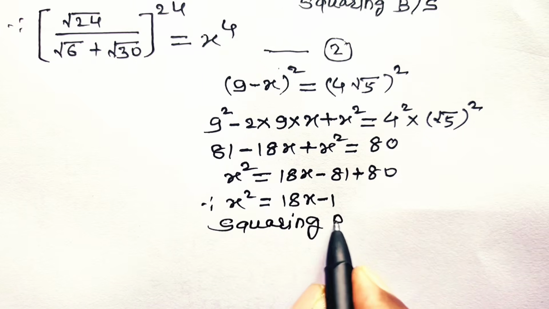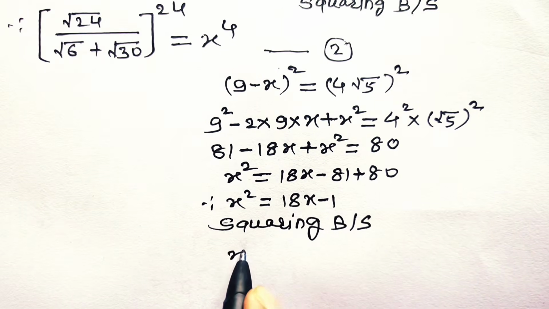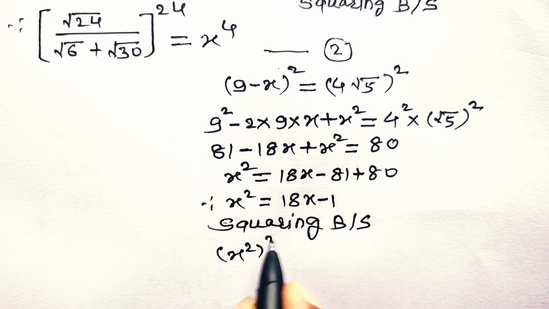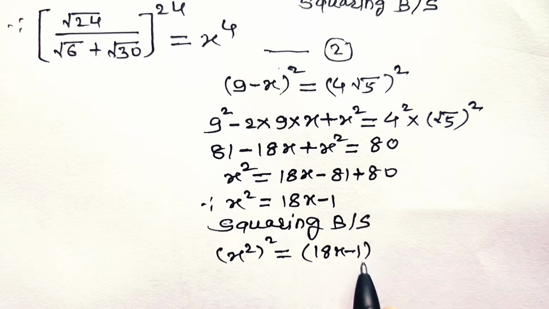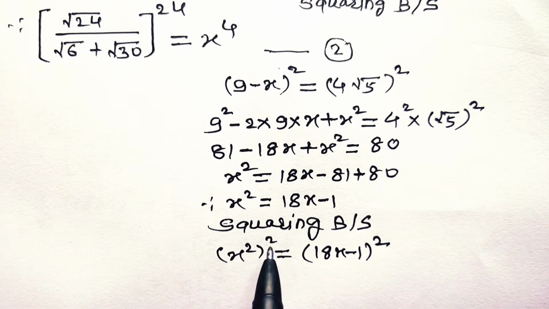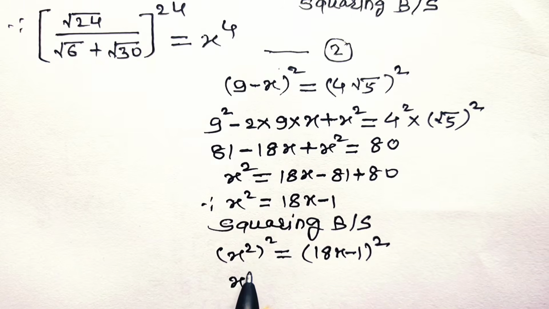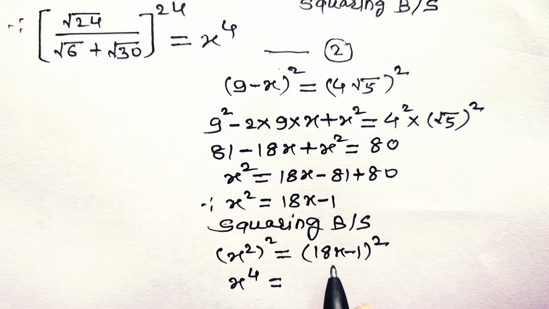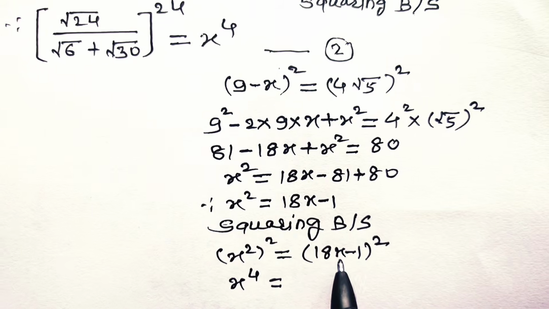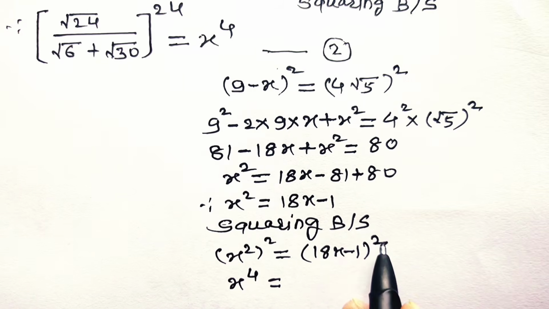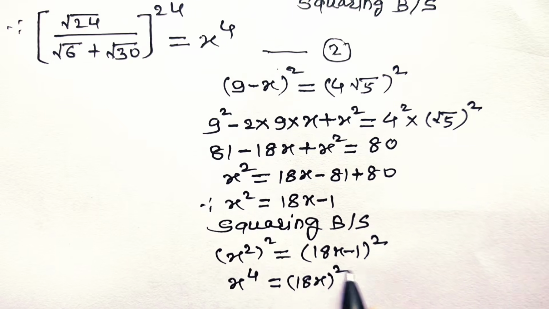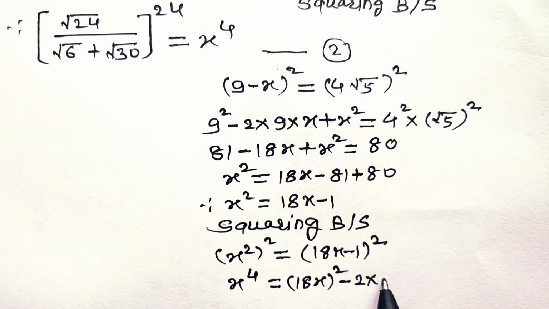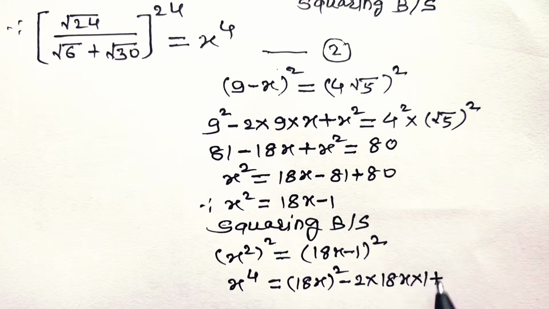Squaring both sides. Square of left hand side, x square square, is equal to square of right hand side, (18x minus 1) square of this. x square square is equal to x to the power 4. This is equal to, now here also we have to apply the same expansion formula, to the power 2: 18x square of this minus 2 times 18x into 1 plus this 1 square.